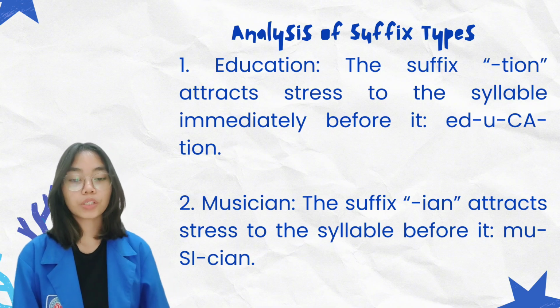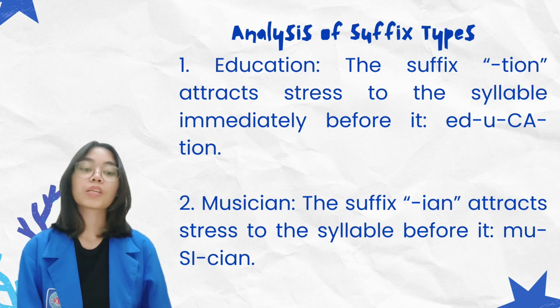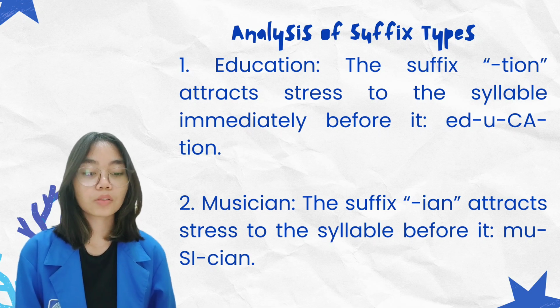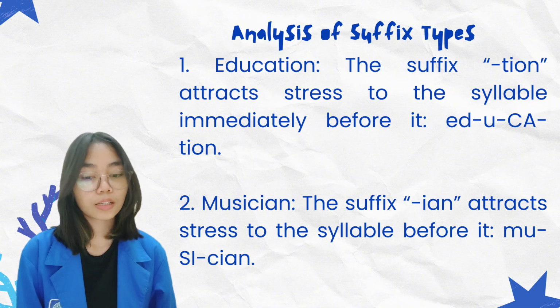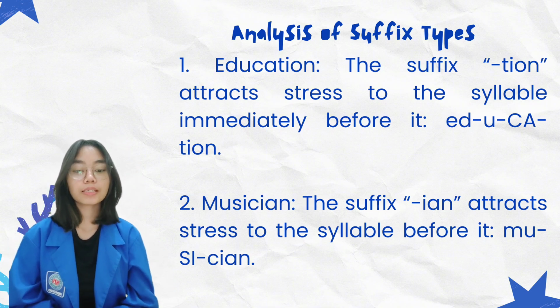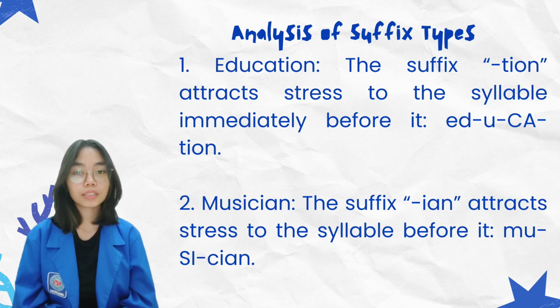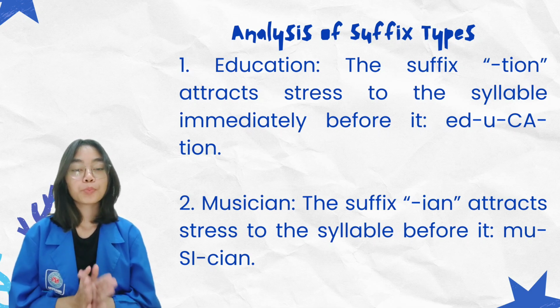So here is an analysis of suffix types. Number 1, "education". The suffix "-tion" attracts stress to the syllable immediately before it, so it is pronounced "education". Number 2, "musician". The suffix "-ian" attracts stress to the syllable before it, "musician".